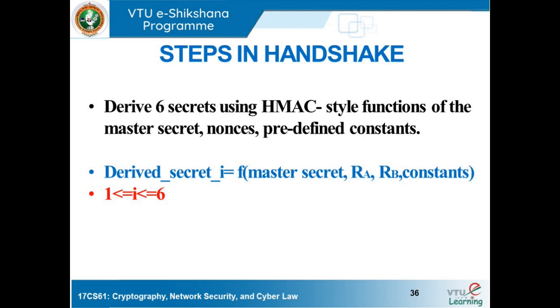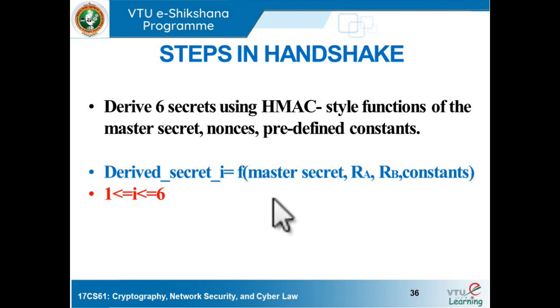Also, 6 secrets are derived using HMAC style functions over the master secret, nonces and predefined constants. Over here we can see that we are using again an HMAC style function F over the master secret, and also RA, RB, which are the nonces, and constants which are predefined.